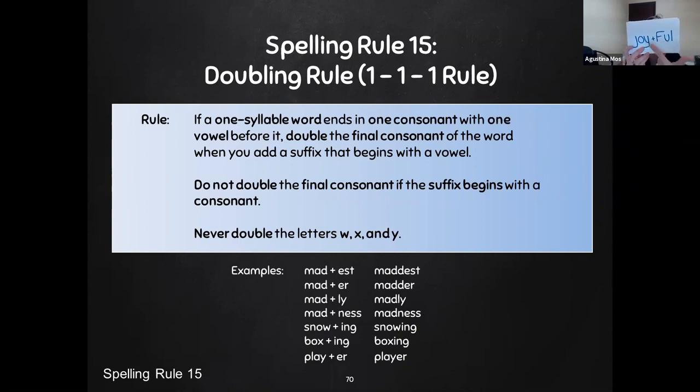I will never double a Y. So I'm left with joyful. I have stop and ed. I know that the end result is stopped. And I know that since the suffix starts with a vowel, I will double that consonant. So I have stopped.